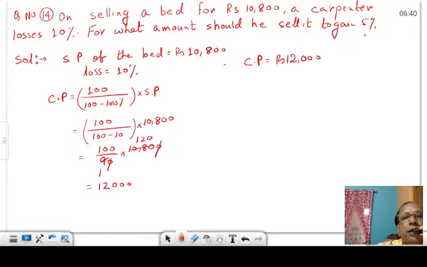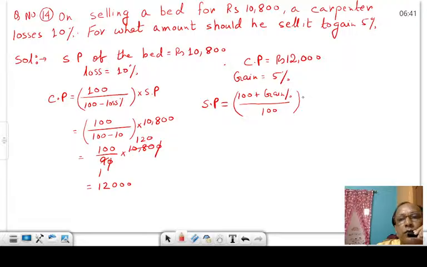And we have to gain 5%, so gain is equal to 5%. We also know the formula for selling price. The formula for selling price is 100 plus gain percent, divided by 100, into cost price. Right?